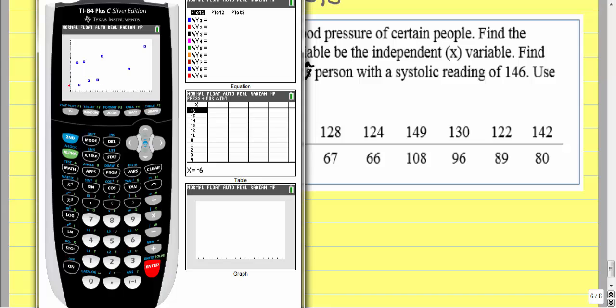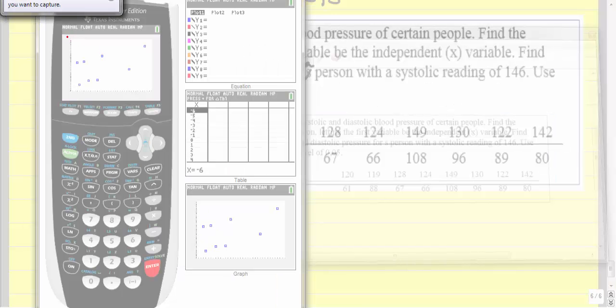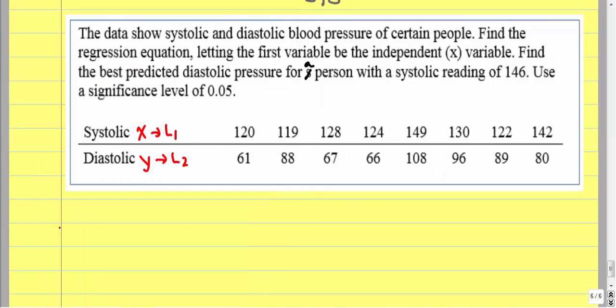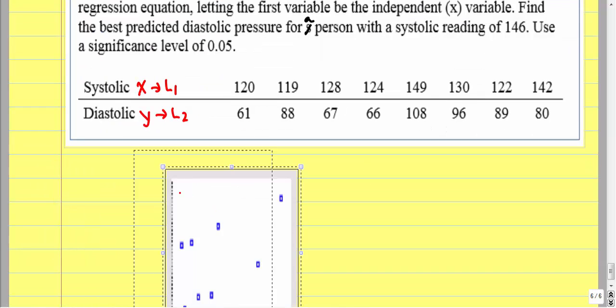Okay, so here's my scatter plot. This doesn't look very linear. This top part looks linear, this bottom part looks linear, but taken as a whole, this doesn't look very linear. So I'm not sure if this will pass muster to say that rho does not equal 0.